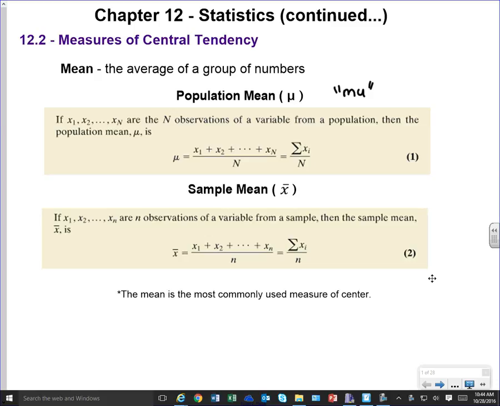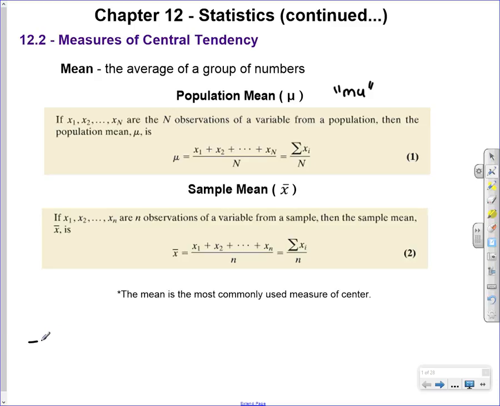This is for 12.2. For 12.2, we're going to be talking about measures of central tendency. So what are we talking about with central tendency? Well, if I was to draw our data here, let's say we've got a histogram under here, and the general shape of the data looks like this.